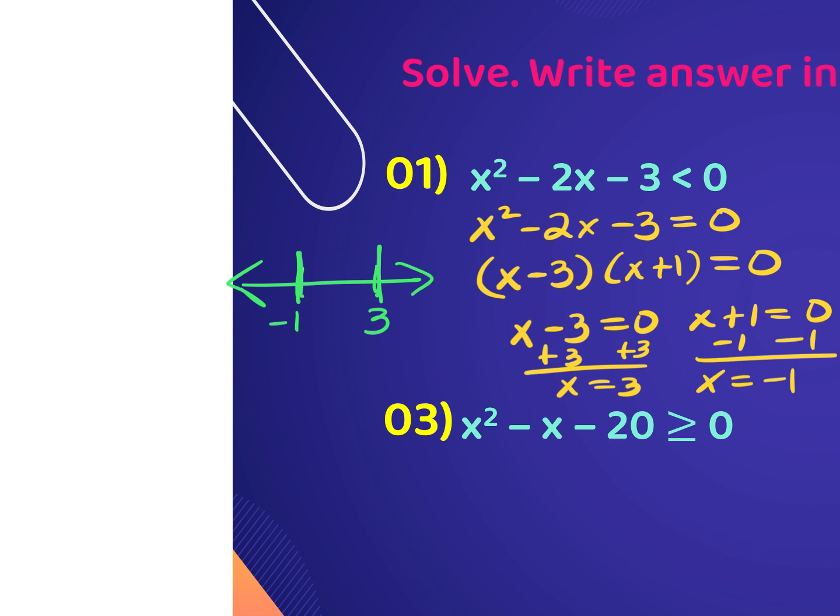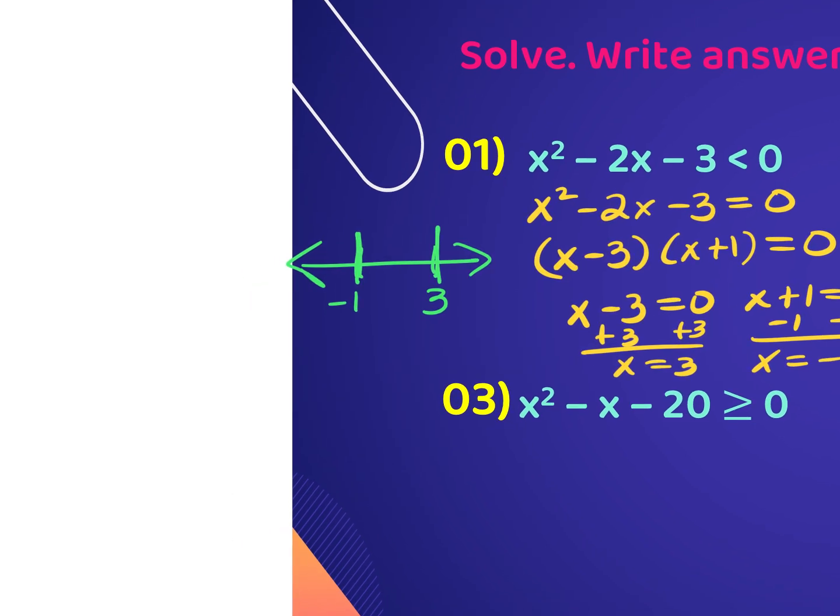What I'm going to be doing is picking a number to plug in to my original equation. As long as 0 isn't one of the answers, that's the easiest number to test. So I'm going to pick 0. 0 is located right here in between negative 1 and 3.